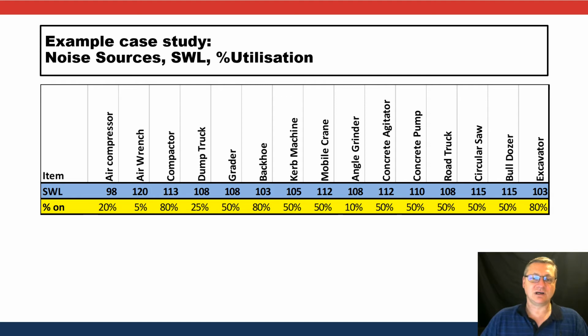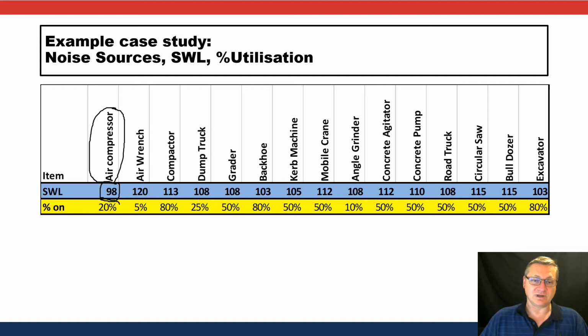So let's have a look at an example. This is an imaginary construction site, a fictitious construction site, which has a number of noise sources. And for each noise source, we have a sound power level. So we know how much sound that noise source emits while it is on.